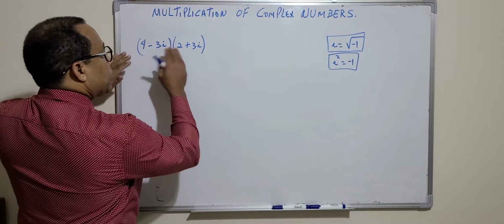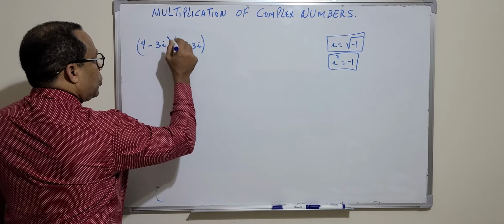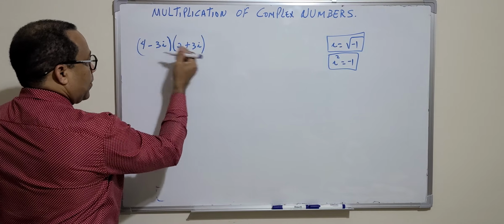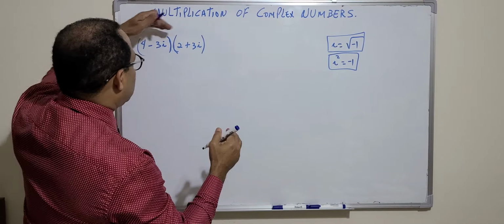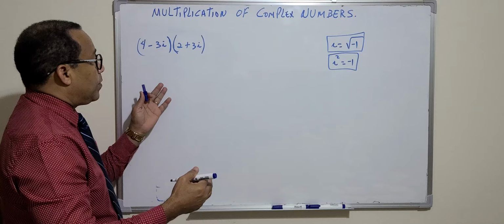Because this is a multiplication, as you can see by the use of the parentheses, I'm multiplying these two binomials because they both have two terms.